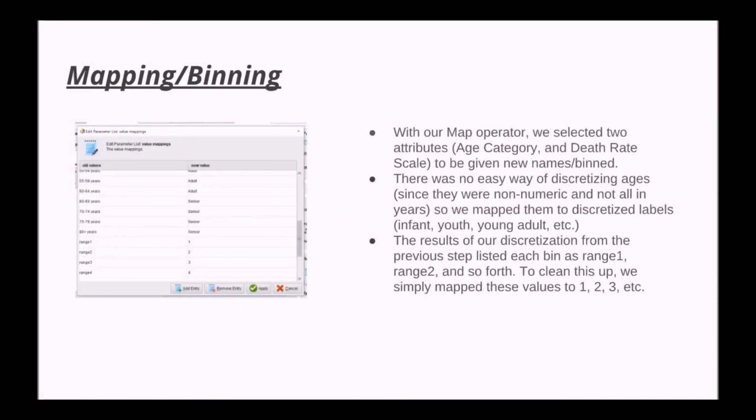So the last operator we have before we finally store our data for later use is the map operator. We use the map operator because there is really no easy way to map ages, especially when they're not entirely numeric.